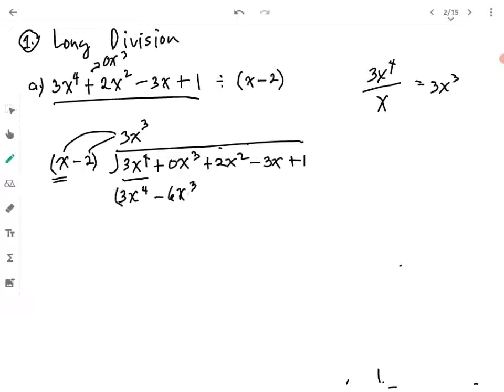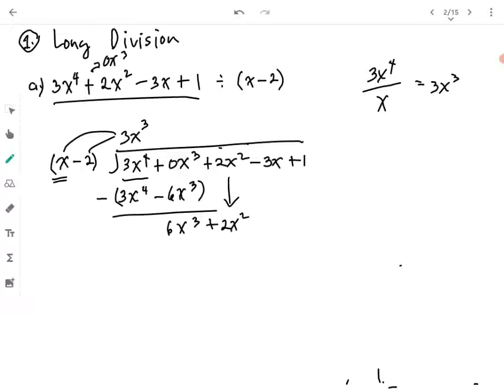Okay, subtracting. 3x raised to 4 minus 3x raised to 4 gives us 0 here. Then we proceed: 0x cubed minus negative 6x cubed is positive 6x cubed. Then we bring down plus 2x squared.